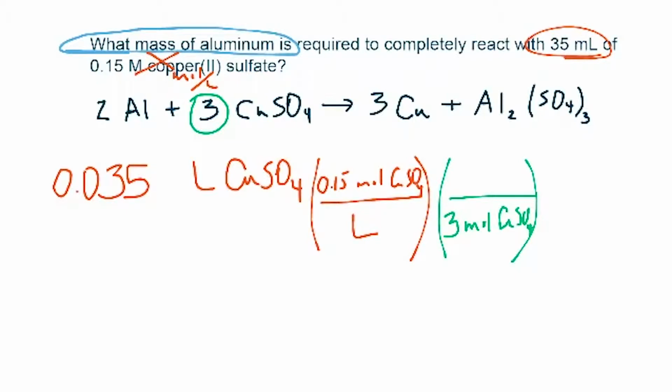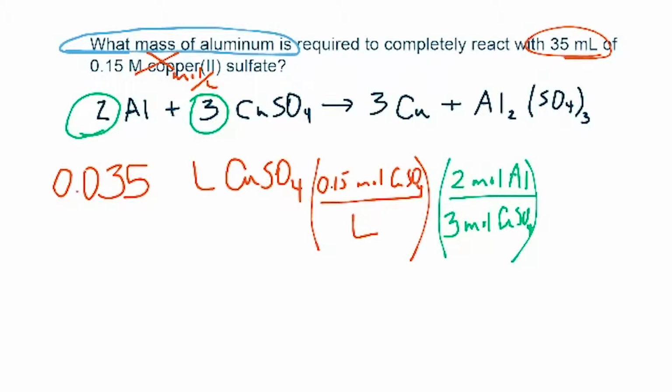And what am I looking for? I'm looking for aluminum, so I'll bring the balancing coefficient for aluminum along with that, and that will go in the numerator. And now I'm ready, because I've turned my volume of copper(II) sulfate solution into moles, used my mole ratio, so I know how many moles of aluminum will be required.